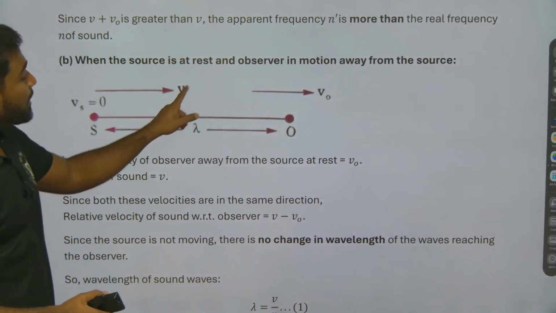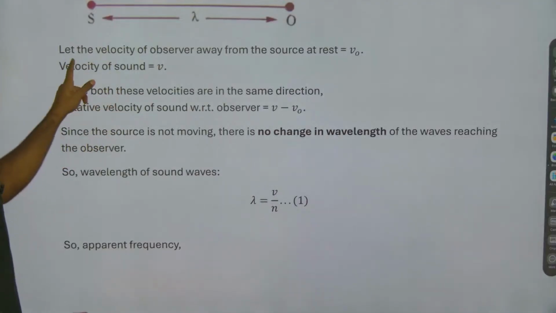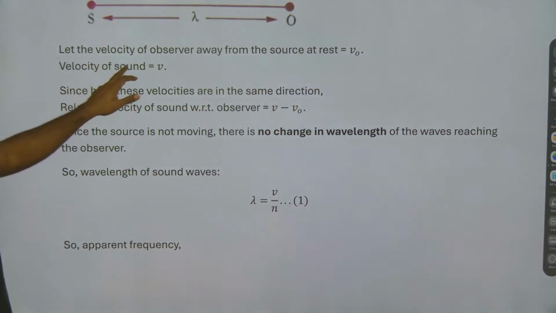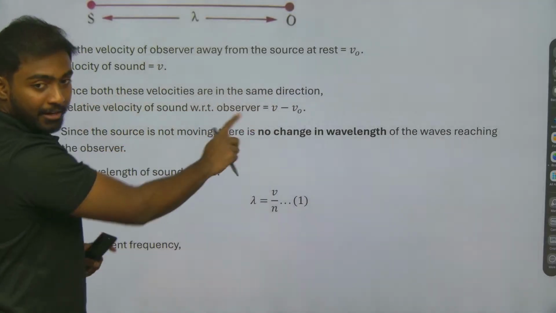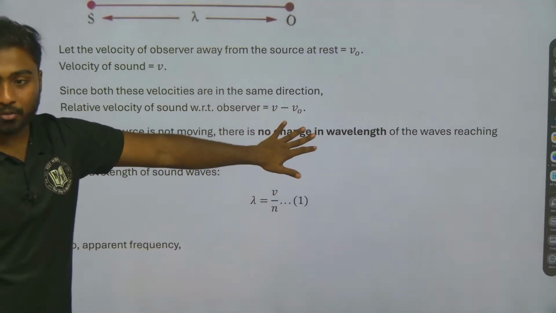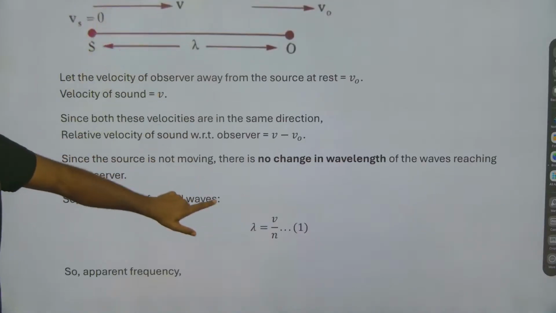So I should take V minus V naught. Let the velocity of the observer away from the source be V naught and the velocity of the sound be V. Since both velocities are in the same direction, the relative velocity of sound with respect to the observer is V minus V naught. Earlier it was V plus V naught, here it is V minus V naught.